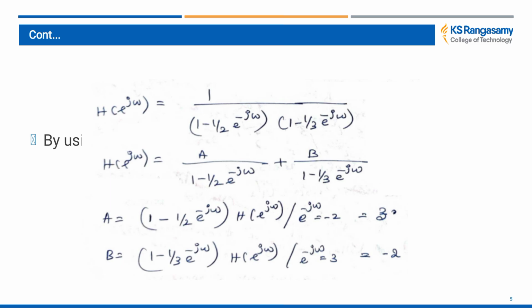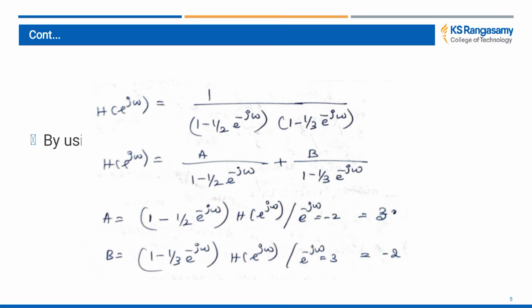So b divided by 1 minus 1 by 3 e power minus j omega, multiplied into H of e power j omega. In H of e power j omega, we have 1 divided by 1 minus 1 by 2 e power minus j omega into 1 minus 1 by 3 e power minus j omega.